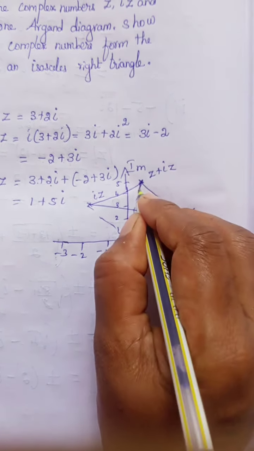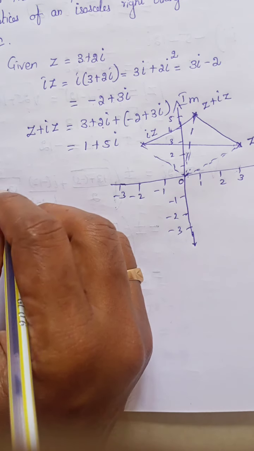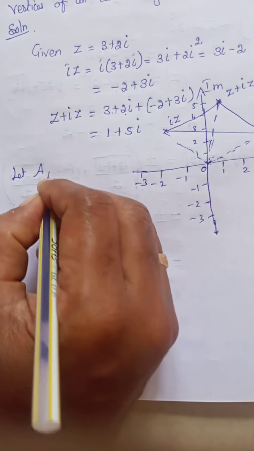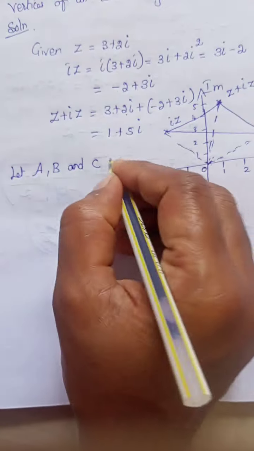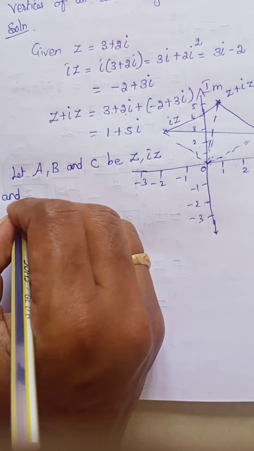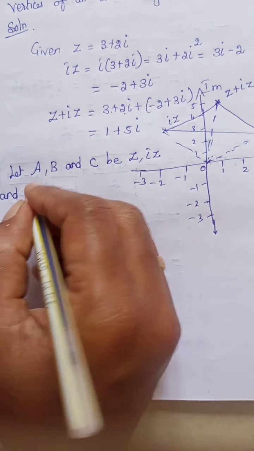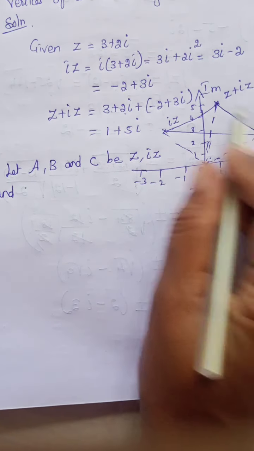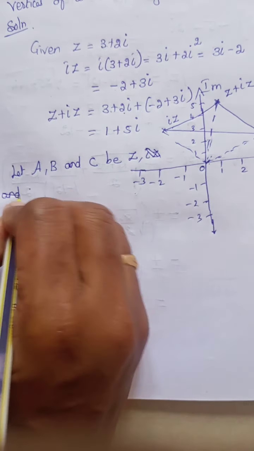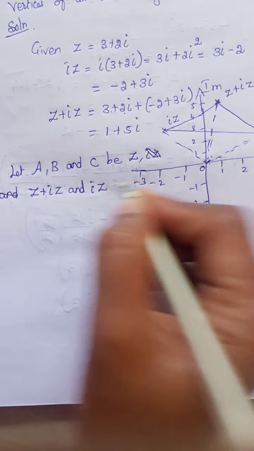In order to prove that the vertices form an isosceles right triangle, I am going to take the vertices as A, B, C. Let A, B and C be Z, Z plus iZ and iZ respectively.